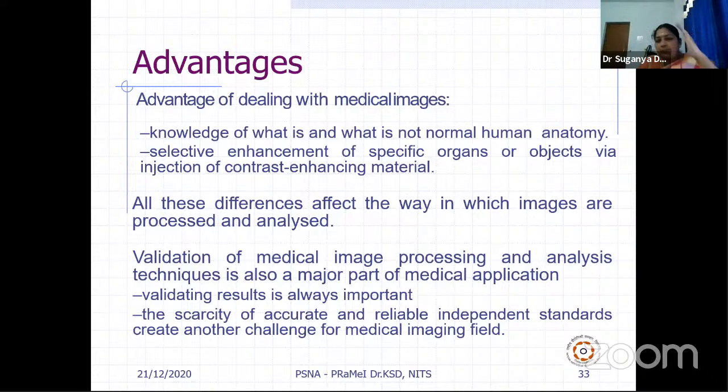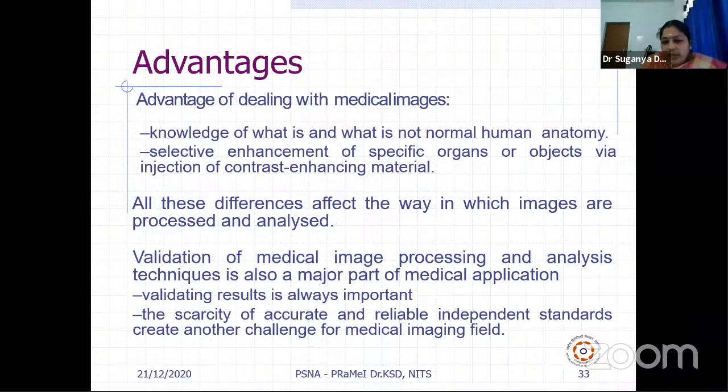It is 99%, but it can be cross-verified by biological evaluation by other pathologists or doctors. If that has been done, then it will be an added advantage for your algorithm for the justification of your work. So validating results is always important.